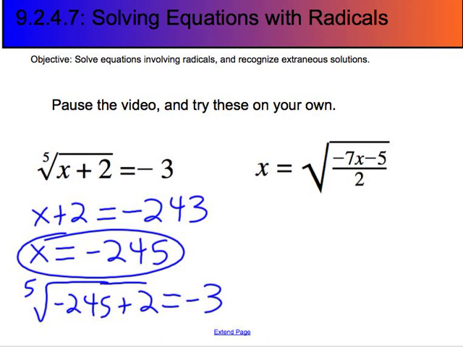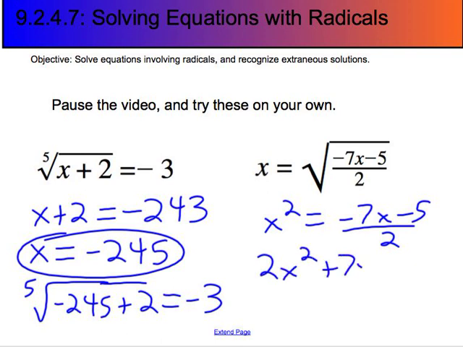All right, the second one, square both sides. I get x squared equals (-7x minus 5) over 2. Then I multiply both sides by 2, and then I'll move everything to one side. So I'll skip a couple steps here, but hopefully this is what you arrived at after you did some of the algebraic work. Then hopefully you tried to factor.